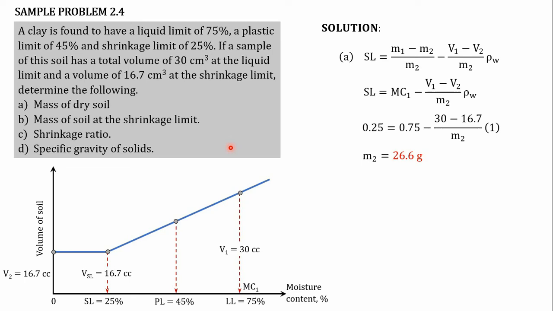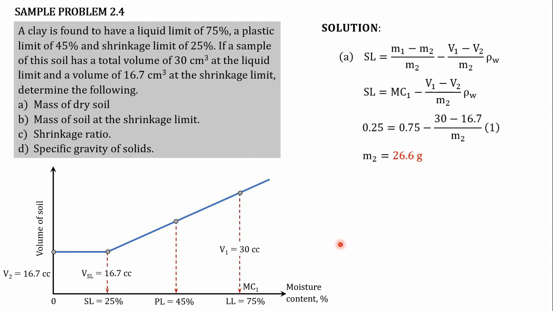If the moisture content is greater than 0, then the mass of soil at shrinkage limit is not equal to the mass of dry, because dry is only the mass of solids. So how do we compute the mass of soil at shrinkage limit? What is asked here, class, is the mass of the soil, the water and the solids. How do we get that?